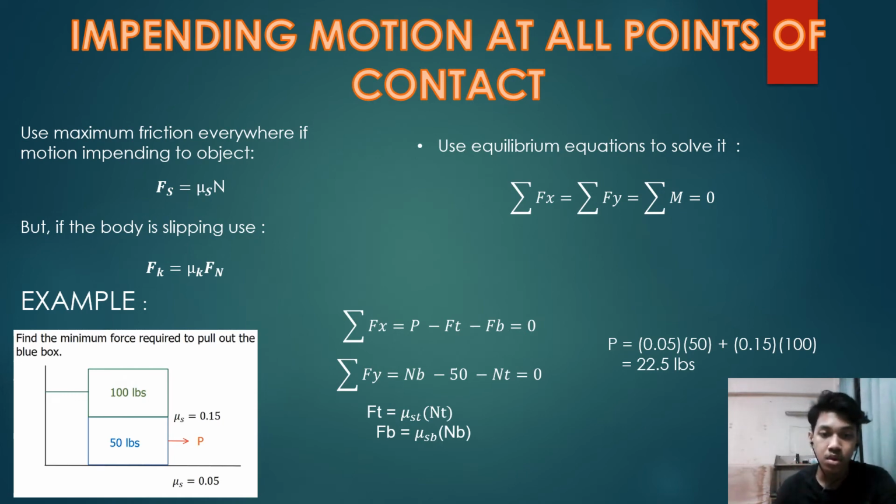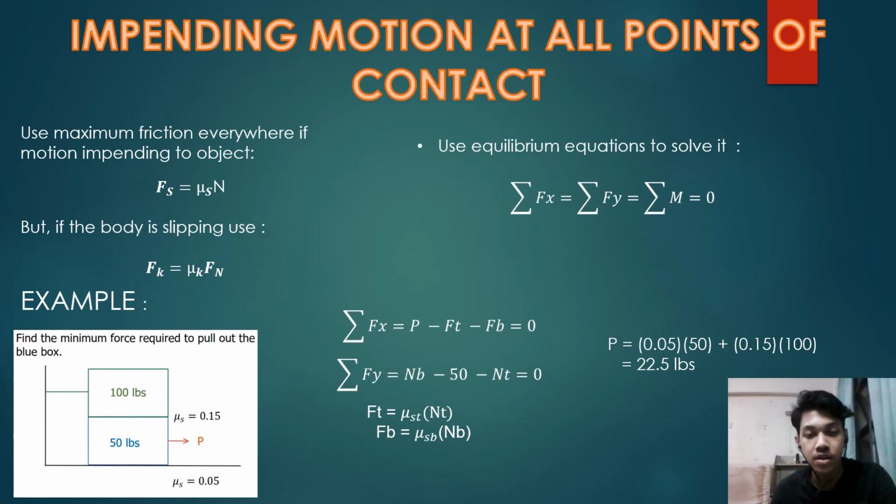Here we make two equilibrium equations, one in the x direction and another in the y direction. In this kind of problem we also have the force at the top: the friction force of the 100 pounds box is equal to the static friction coefficient of the top box times the normal force of the top box.